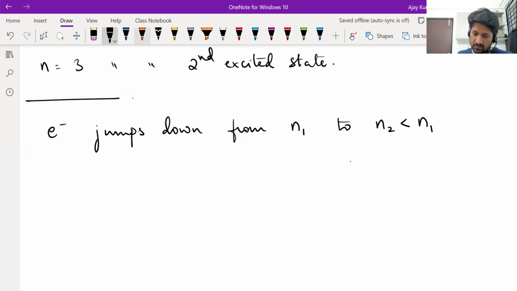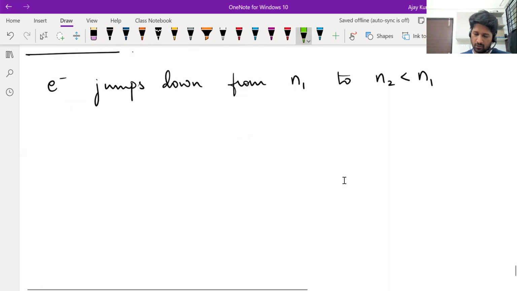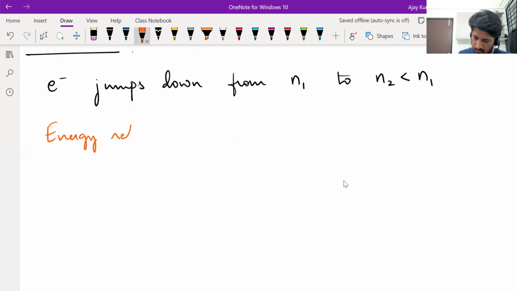Then in this step, as it jumps from higher orbit to lower orbit, the energy emitted will be the energy that the electron had initially minus the energy that the electron has finally. That's the energy it would lose.